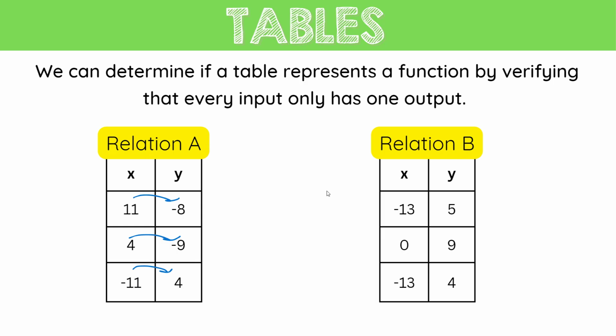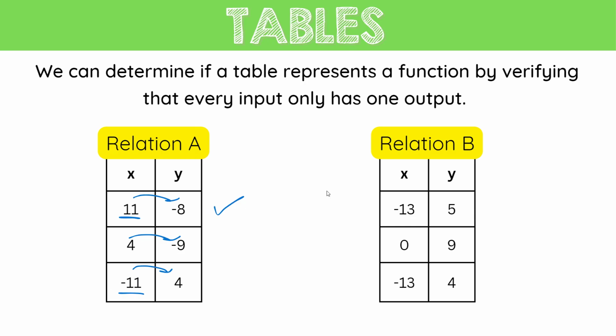So we don't see anything repeat in the x column, so this tells us that it is a function. We do see positive 11 here and then negative 11, but as long as they're not the exact same number, the sign can change.